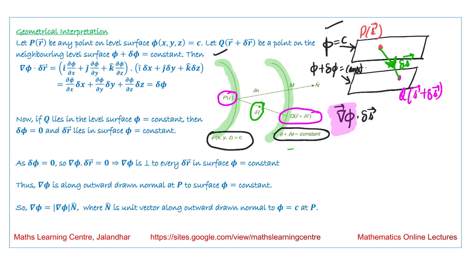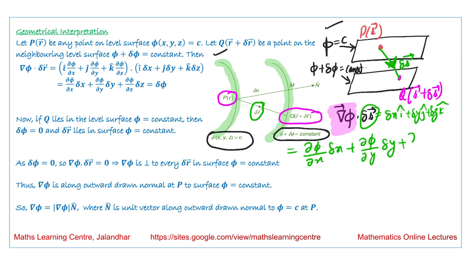The answer that we obtain from this dot product: delta r is delta x i cap plus delta y j cap plus delta z k cap. So it is curly phi by curly x into delta x plus curly phi by curly y into delta y plus curly phi by curly z into delta z, and this is basically the total derivative.